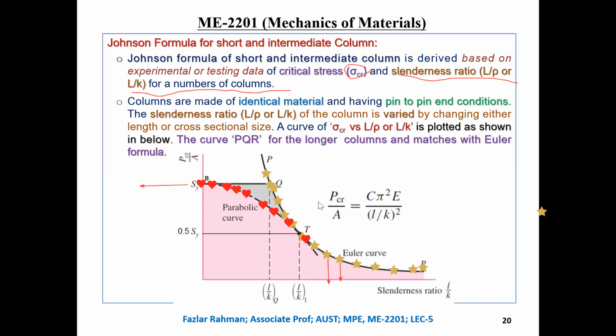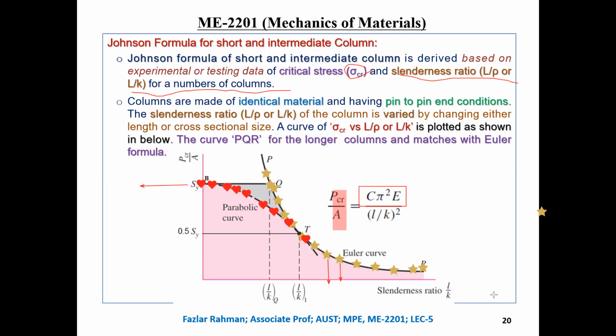So in this graph, you see P critical by A is actually the value of Y along the Y axis. In this equation, pi square E divided by C is also a constant, right? And what is L by K square?